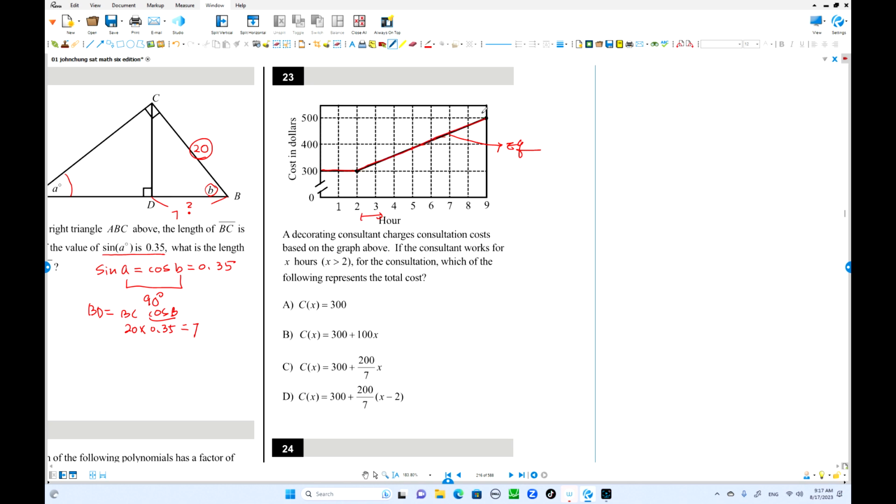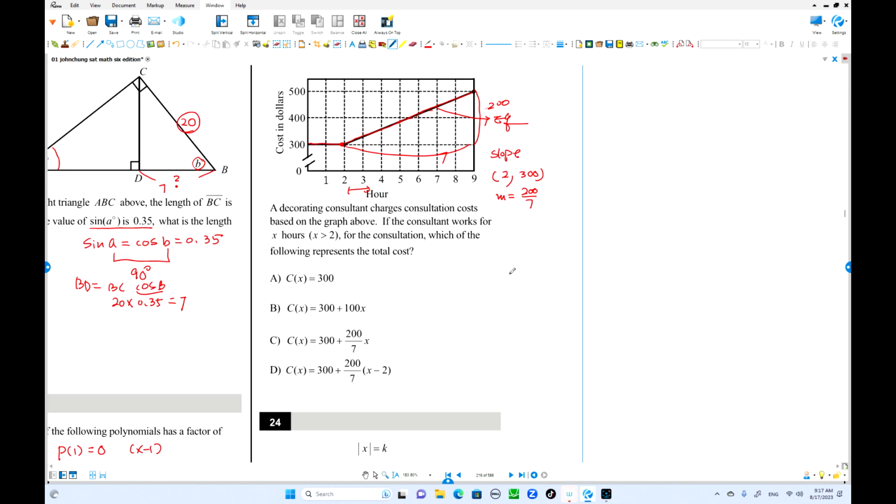First, we're going to find the slope and a point. We're going to choose this point, when x is 2, y is 300. For the slope, there's no intersection of grid, so better use these 2 points. This one is 200, this one is 7. Slope of this line equals 200 over 7.